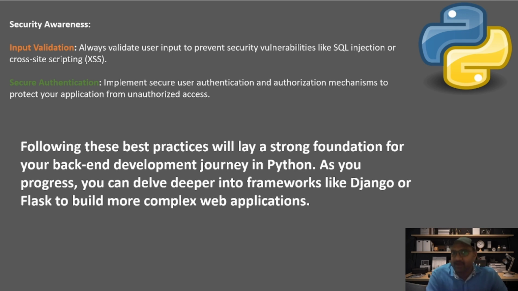On the other hand, use secure authentication, like JWT tokens. I hope you have heard about that. JWT and OAuth, these two are very important for authentication and authorization mechanisms. Protect your application from unauthorized access. So that's all for security awareness.